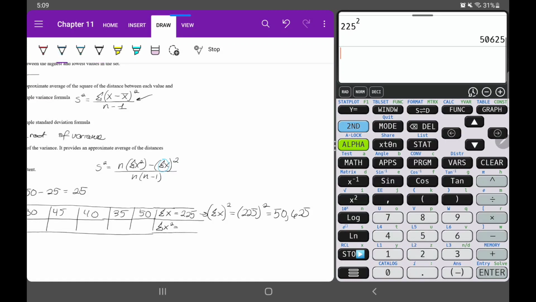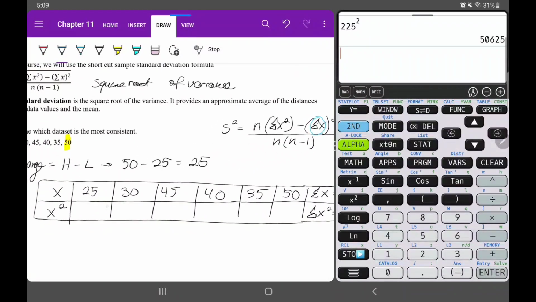Now, for the next one, we first have to square each data value and then add them. So if x is 25, this here is 25 squared. 25 squared is 625. If x is 30, this is 30 squared, and that is going to be 900. If x is 45, this is 45 squared, which is 2025.